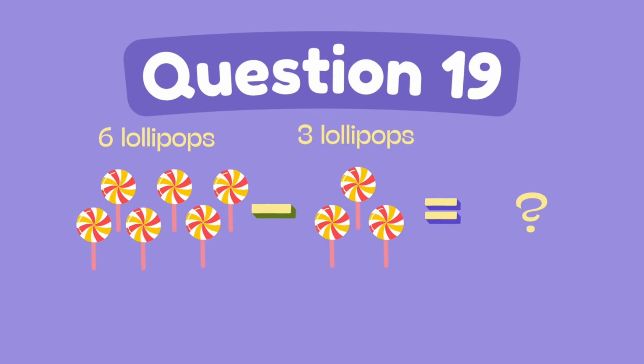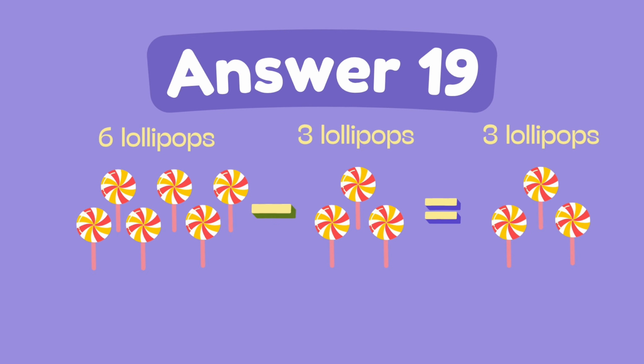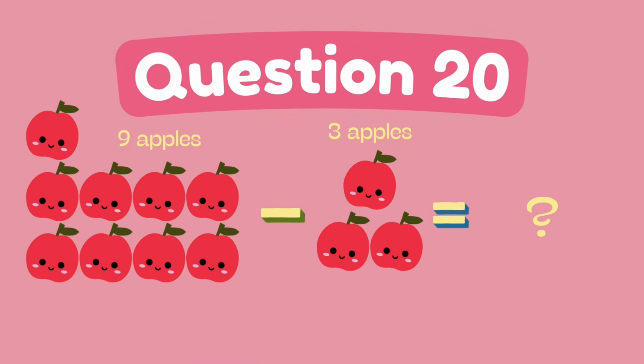What is 6 minus 3? The answer is 3. What is 9 minus 3?